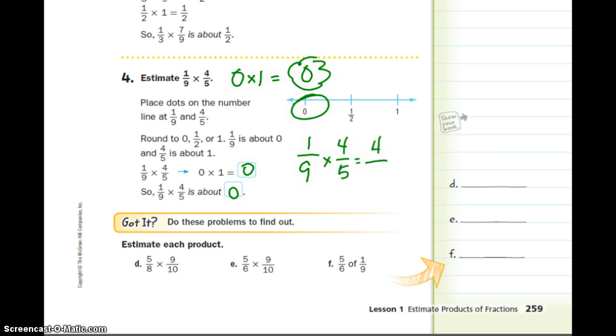We get 4 over 45. And 4 over 45 is roughly 1/9, which is 0.1, or 1/10. So again, it's going to be closer to 0 than it is going to be to 1/2.